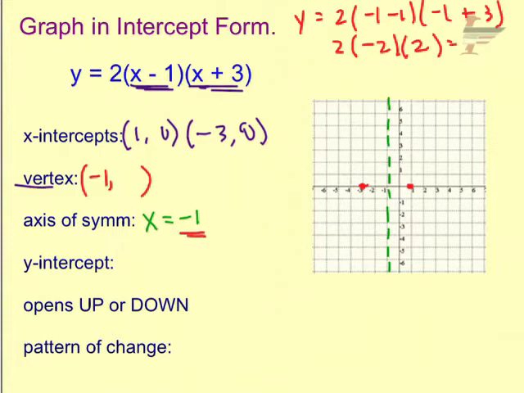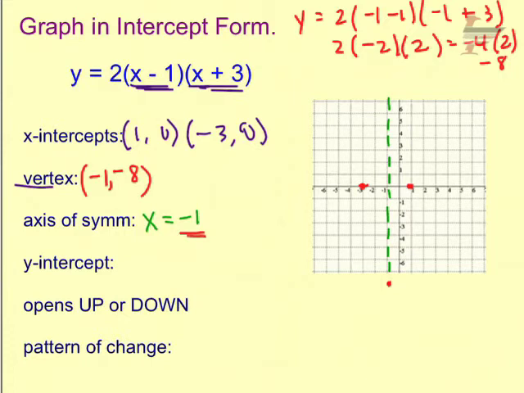So we have 2 times -2, which is -4, times 2, which is -8. So our y value is -8. We can plot that: -1, down 8, which is actually one spot off my graph, but that's okay.